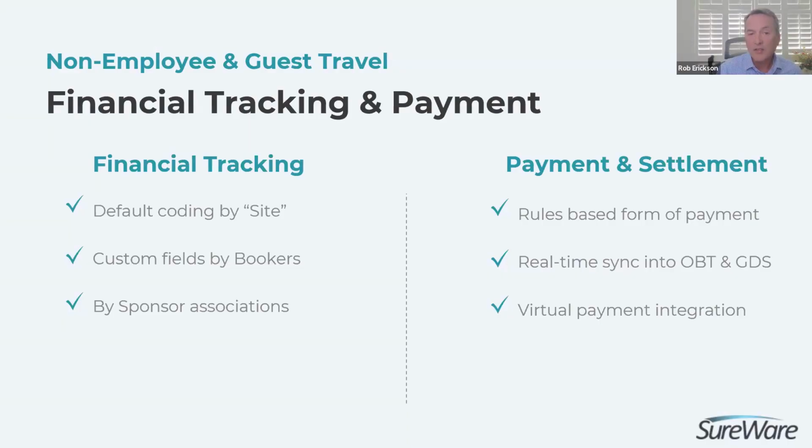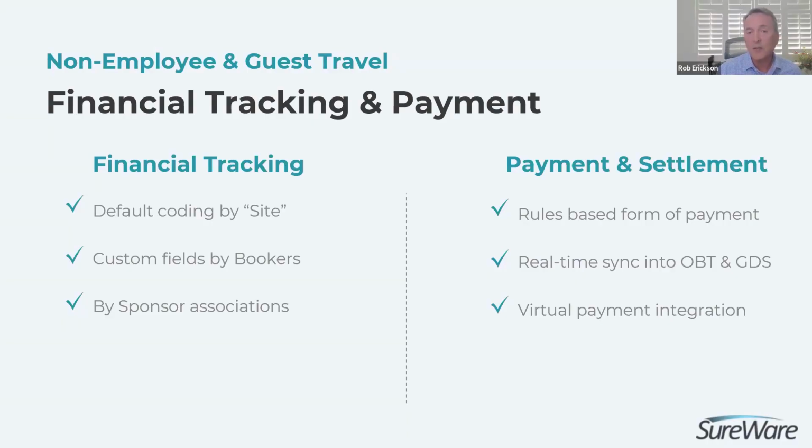We can set up default quoting by site. That as soon as that person is registered or booking builds a profile, that moves directly into the online solution, moves into the TMC reservation, and all that financial hierarchy associated to that person, and that default moves and follows that reservation.